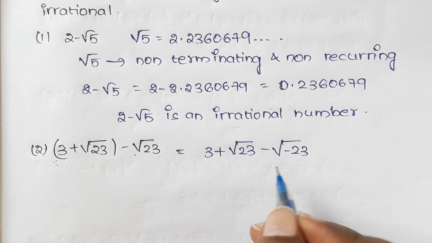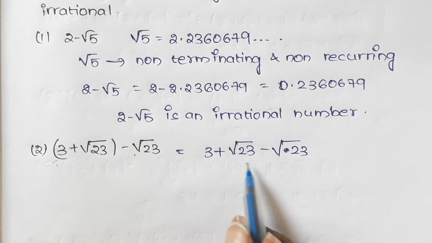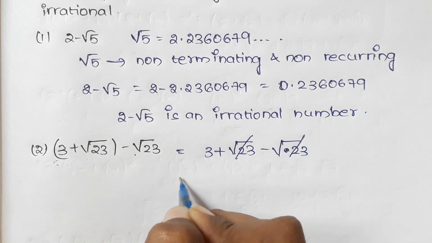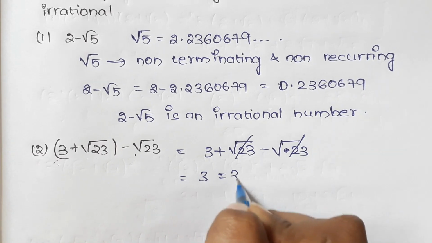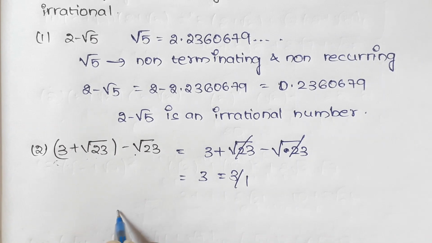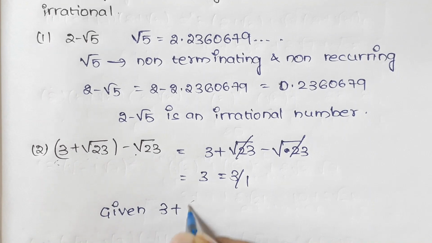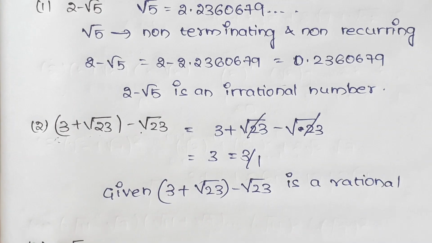Here this plus root 23 and minus root 23 get cancelled, and we will have only 3 here, that equals 3 by 1, and the given number, that is 3 plus root 23 minus root 23, is a rational number.